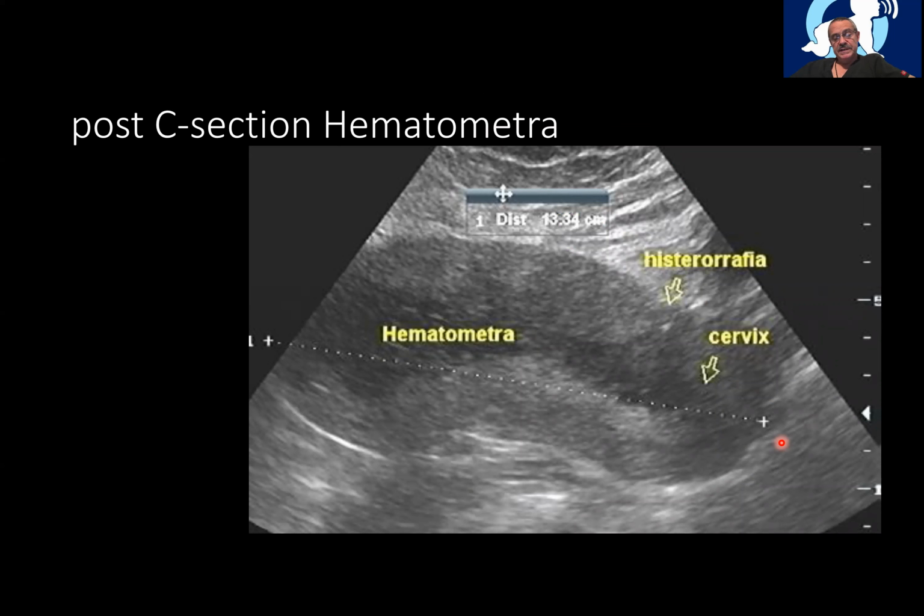So let's move to a different problem. This is a lady after a C-section with a collection inside the uterus. This is the area of the uterine repair, the C-section scar, and the cervix is closed, and that's why this is collected. I know some obstetricians that open the cervix before they close the uterus, but this can contaminate the surgical area.